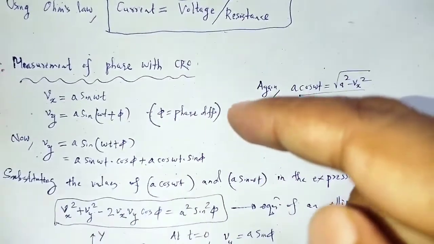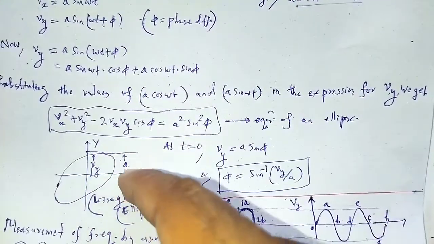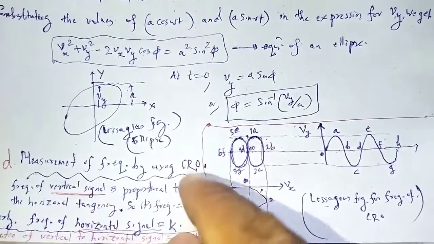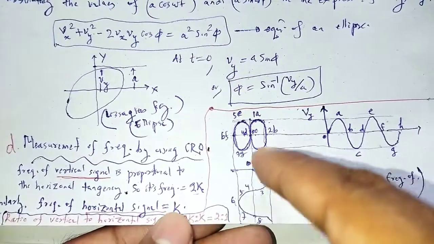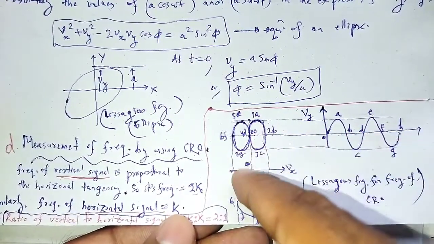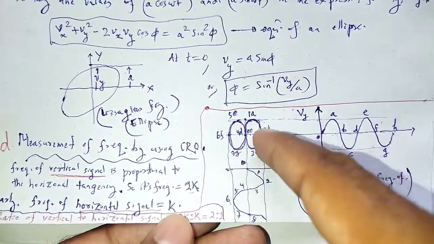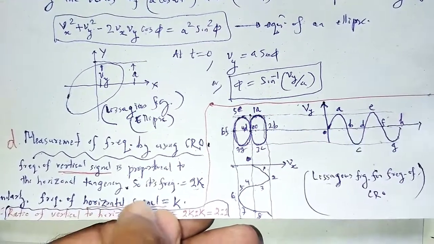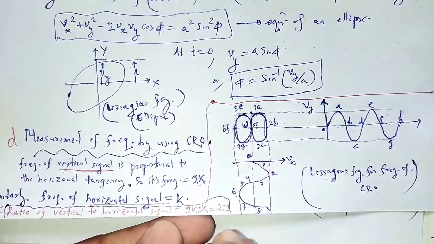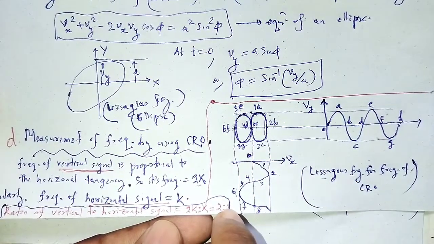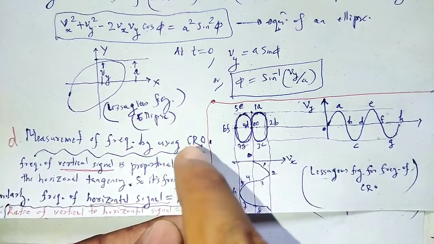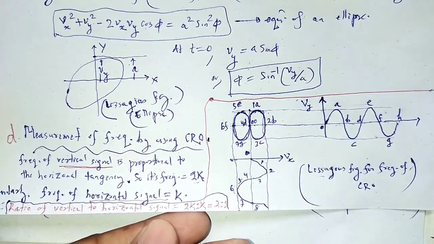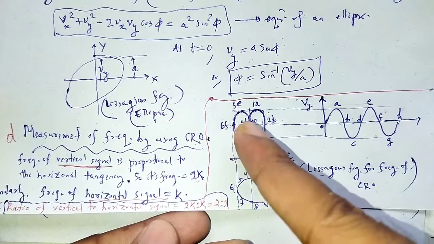Next the phase difference is calculated from the Lissajous figure. Next frequency is calculated: the number of tangents touching the figure indicates the frequency, so the horizontal and vertical frequency ratios are calculated. In that way the frequency of the given wave signal is calculated by taking its Lissajous figure.